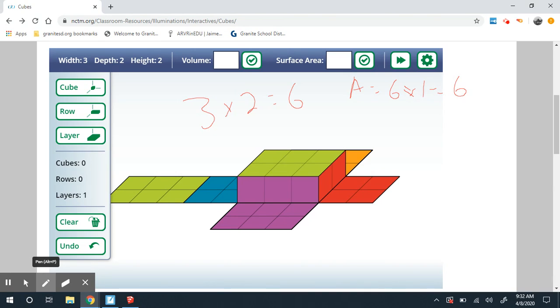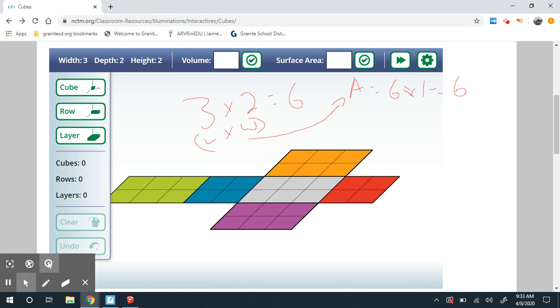And remember, to have a 3-dimensional shape, we can't just have length and width, we also have to have height, but hopefully what we can see is that length times width is the same thing as area. So if we find the area of the base of our shape, then we add our layers. So if we take this and pull this back off, we can see here that we have 1, 2, 3, 4, 5, 6 square units on the bottom.